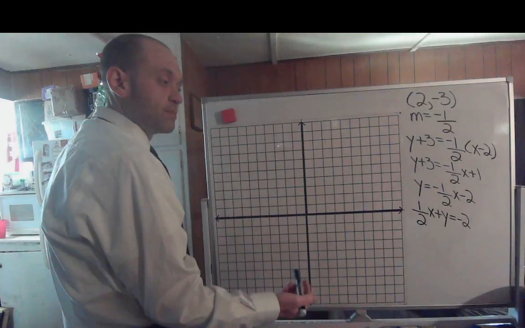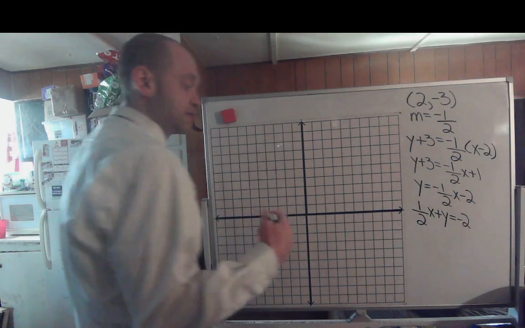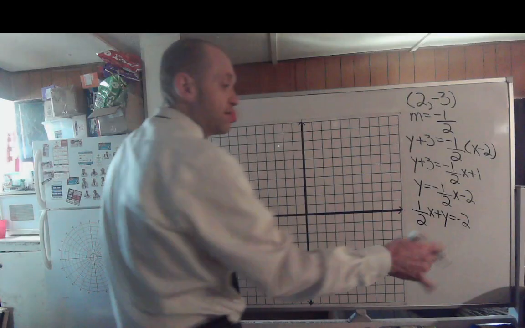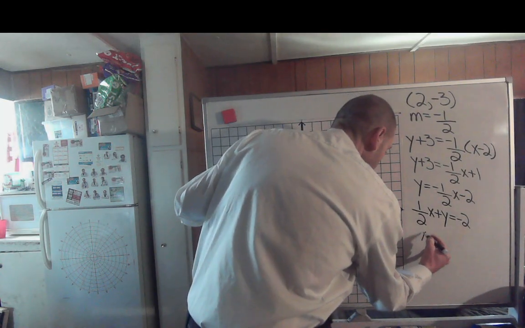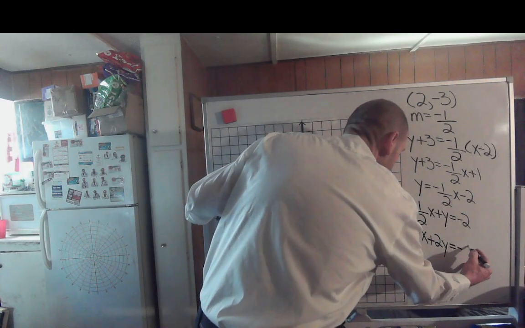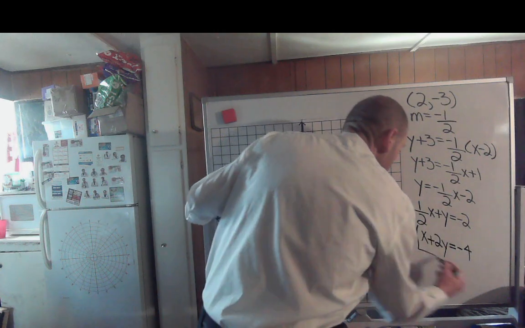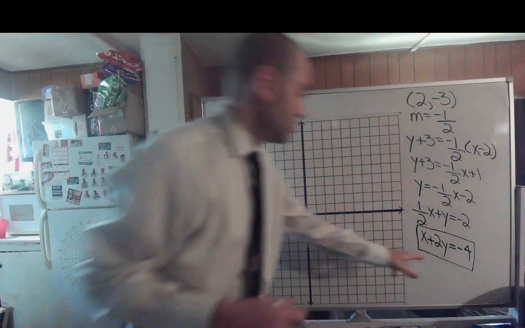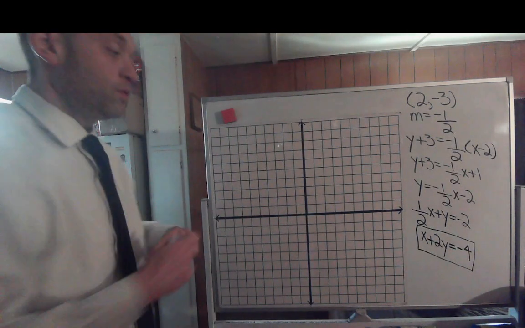It's never acceptable to leave it as a fraction or a decimal. So you're going to multiply everything by 2. You would end up getting x plus 2y equals -4. So in general form, this is going to be x plus 2y equals -4.